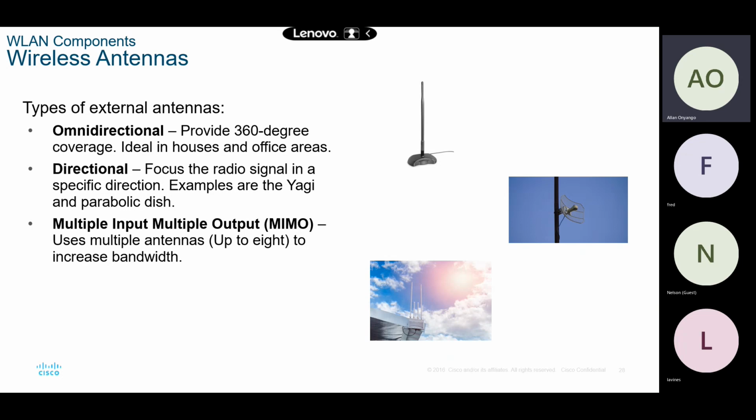So these ones provide a 360-degree coverage within an area. And these are antennas that are very powerful and very ideal for houses and offices because of that degree of coverage. Then we have directional antennas, which focus on a specific direction. Okay. Examples can include the Yagi and the parabolic dishes.